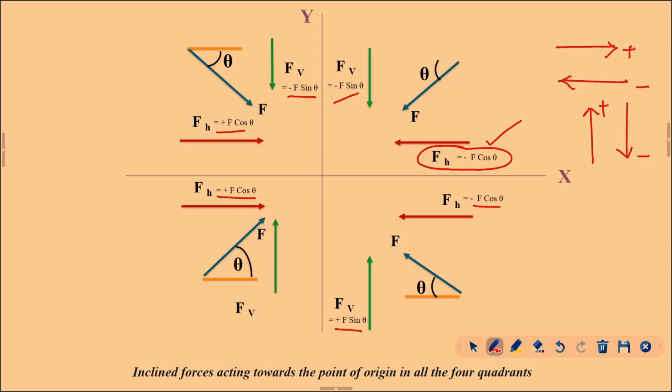So, what this says is inclined forces are acting towards the point of origin in all four quadrants. If instead all four inclined forces are acting away from the point, what will happen? Vice versa, all the cases you need to change. That I think you can solve on your own.